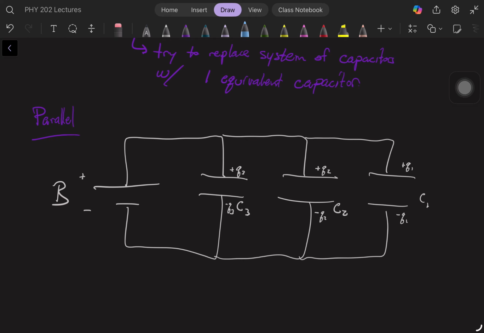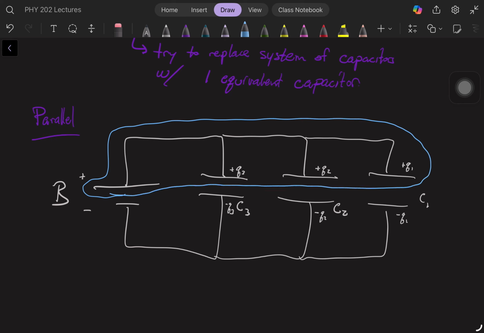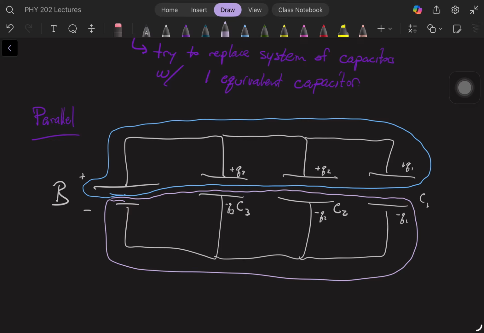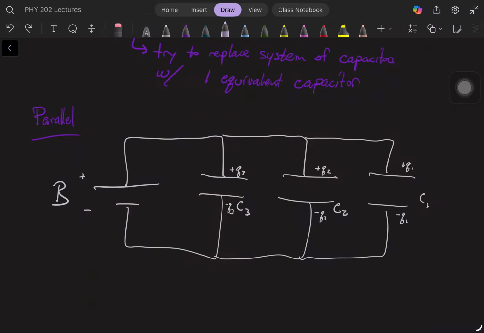And let's discuss the potential differences real quick. Well, this whole region is all connected. And then this whole region is connected. And they're connected by conductors, right, which we discussed there's no potential difference within a conductor at equilibrium. And so we can go ahead and say these all are equipotential at the top and then a lower equipotential at the bottom.